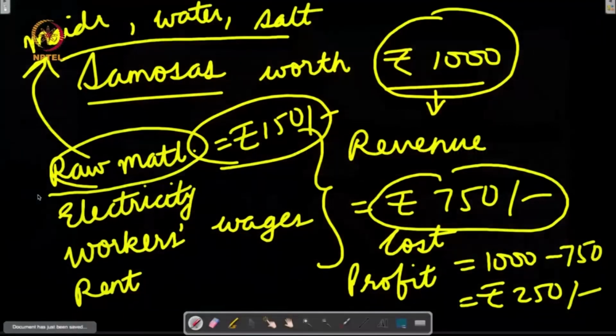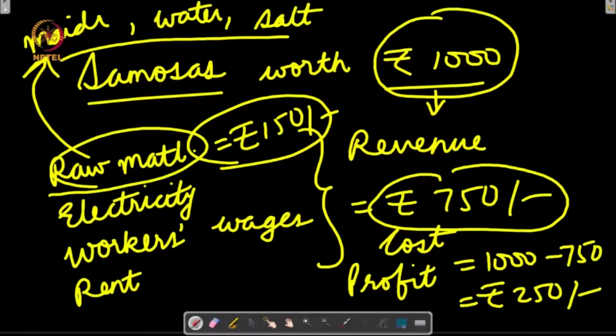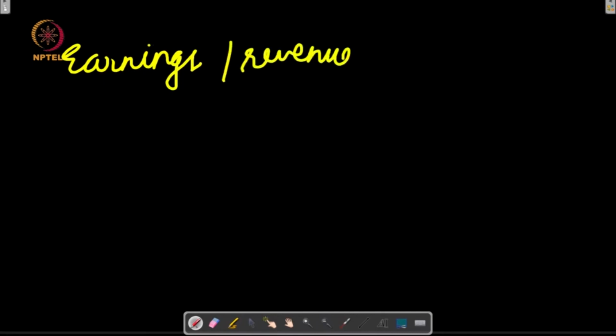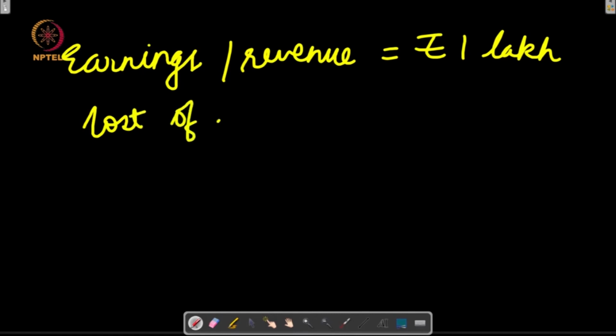which means that if the person who has made this startup, suppose in the first month the earnings or the revenue is rupees 1 lakh, and the cost of inputs, that is the cost of the raw materials, electricity, payment of wages, and so on, is rupees 30,000.